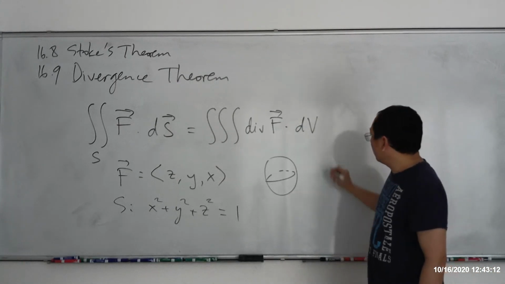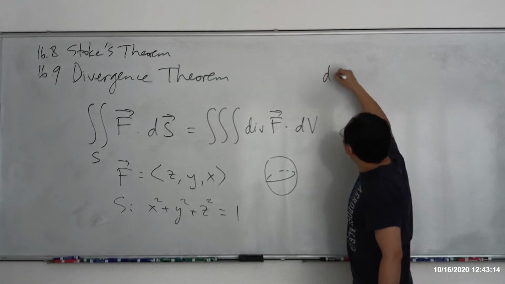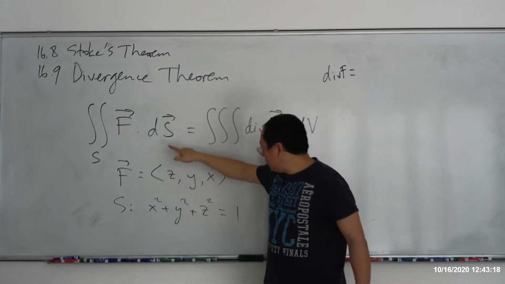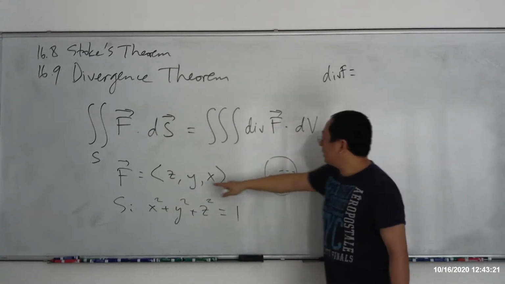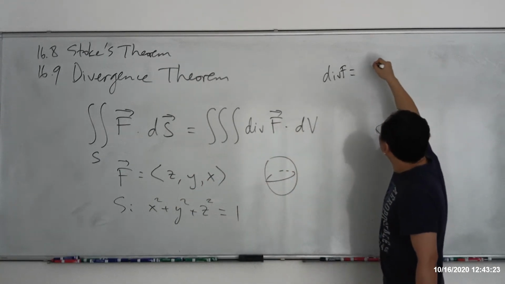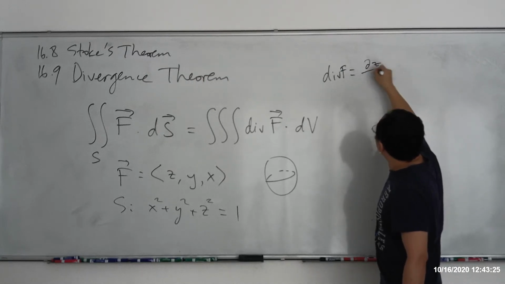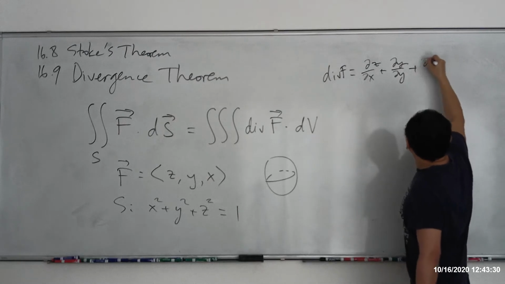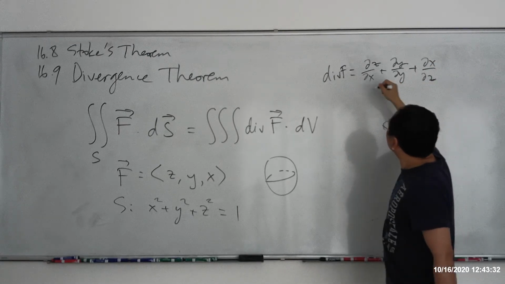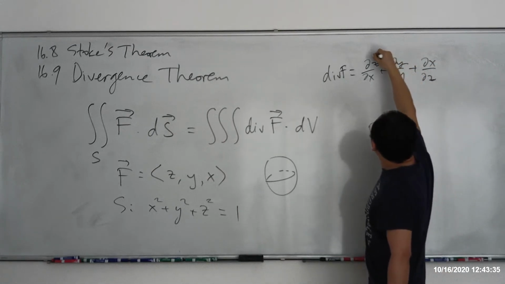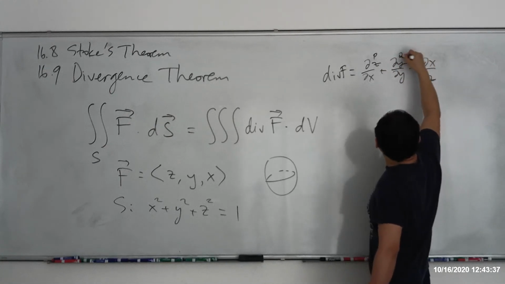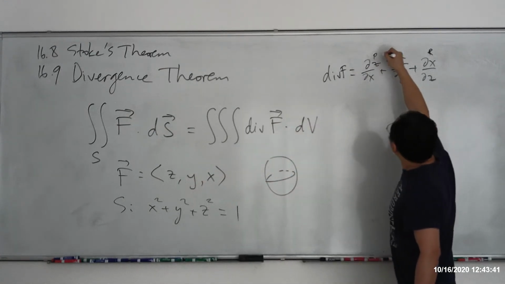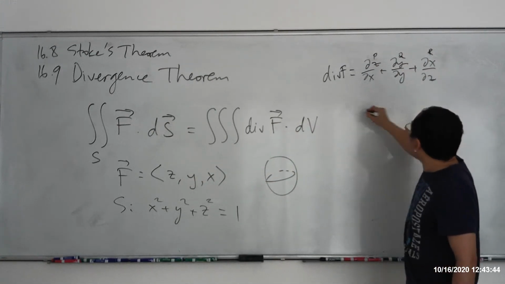So the divergence of F will be dz over dx, which is 0, plus dy over dy, which is 1, plus dx over dz, which is 0. This is P, Q, R: P is z, Q is y, and R is x. And this is just 1.